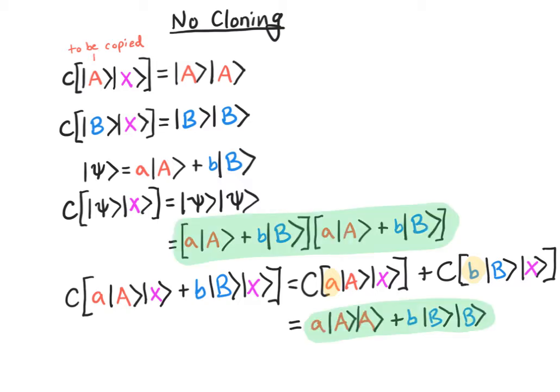And these two lines are not equal to each other. When we actually apply our copy operation to our state psi expanded out in terms of A and B, we don't get back two independent states psi. We end up with this different entangled pair of states that is not this.